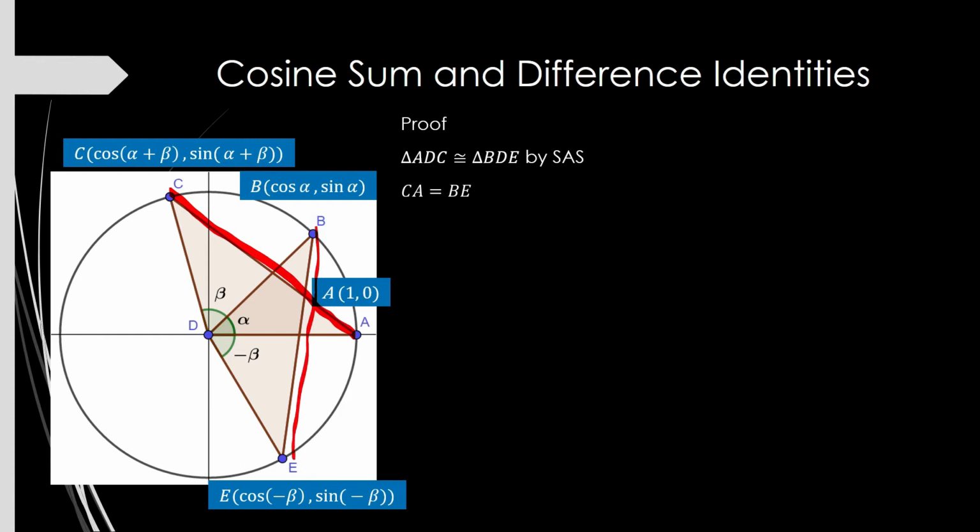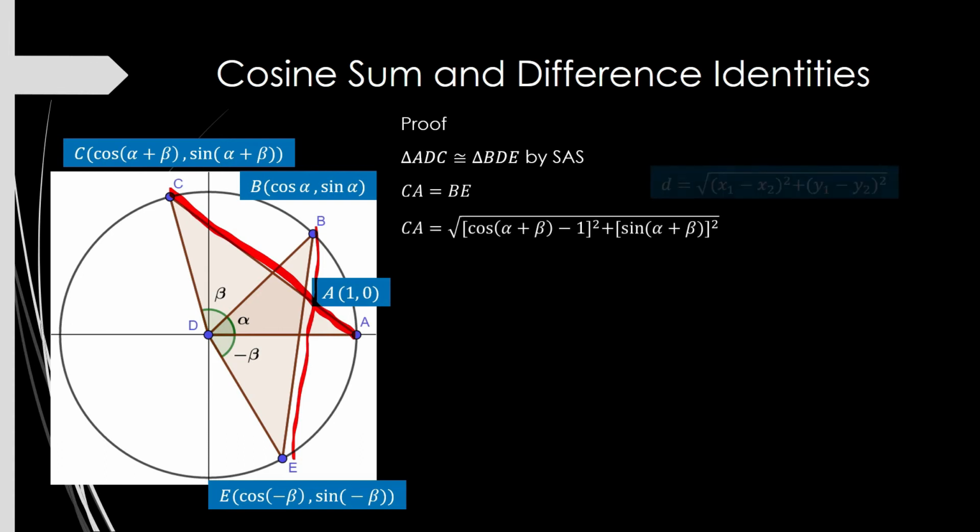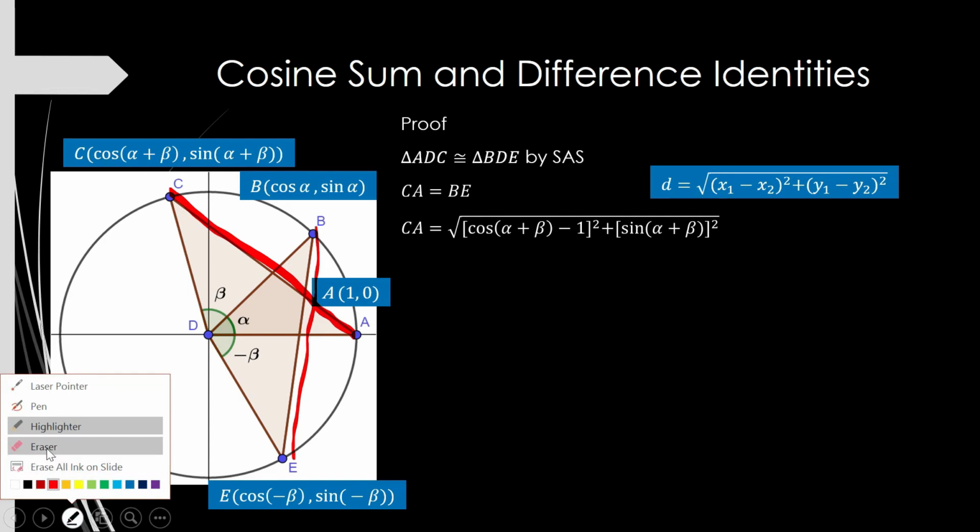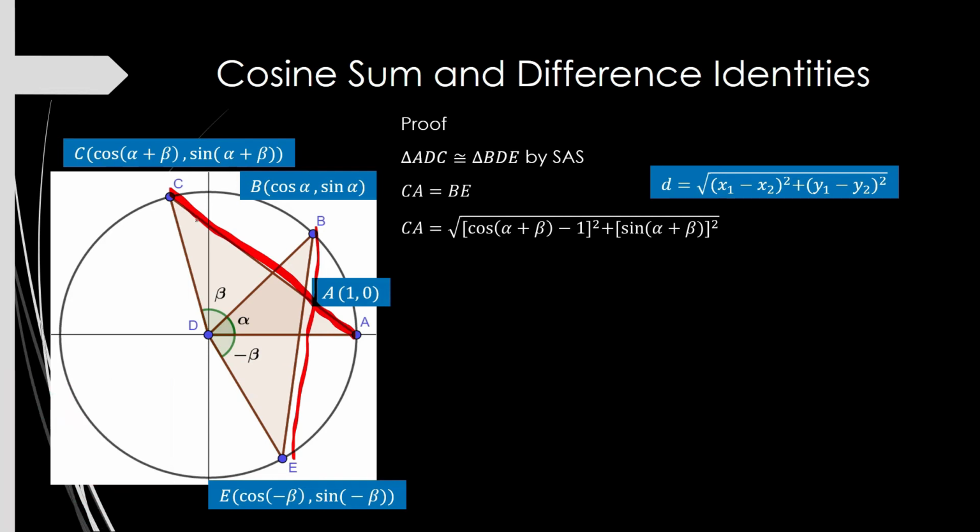They are equal. Let us obtain the length of side CA using the distance formula. Why the distance formula? Because we are given a set of coordinates for the endpoints of our line segment.